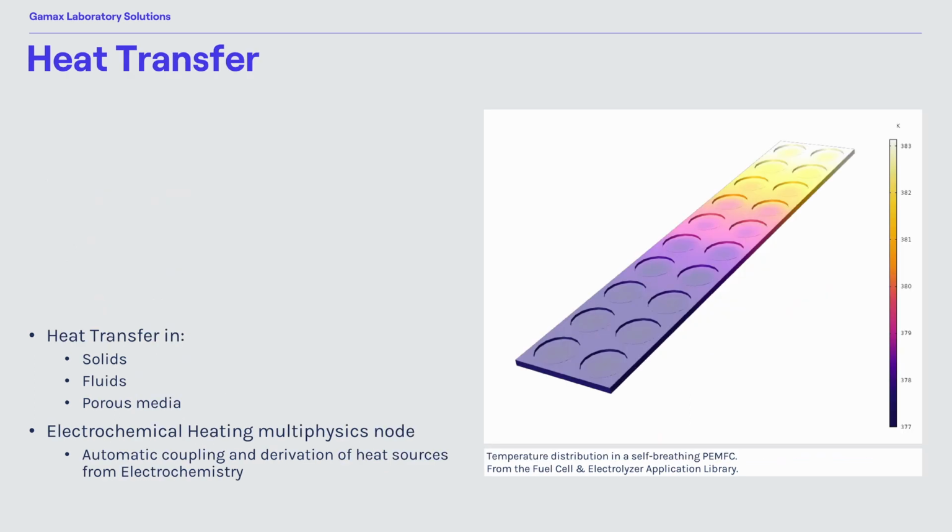Yes, and the third branch, so we had the chemical in the fuel cell module, then we had the fluid flow. And the third relevant thing here is the heat transfer part. Those calculations are also included. You can add solids, fluids, and porous media to your domains depending on your needs and your boundary conditions. And actually that's a passive cell, what you can see on the right-hand side.